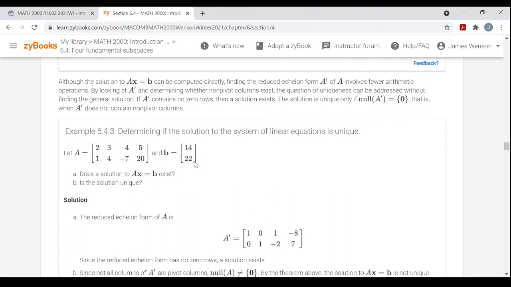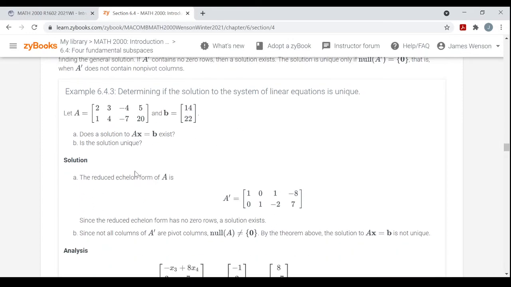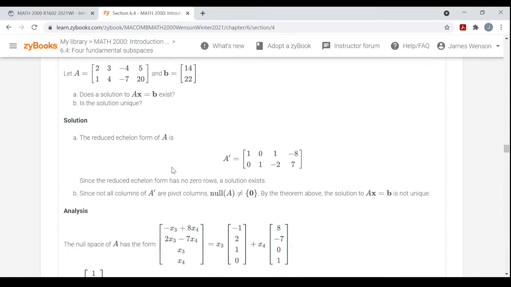So for the example here, I'll just read this one off and get to the next spaces. We're asked to determine if the solution of this system is unique. Again, just set up the system, with this on the left, a little bar, then 1422 on the right. You don't even need the 1422 on the right.